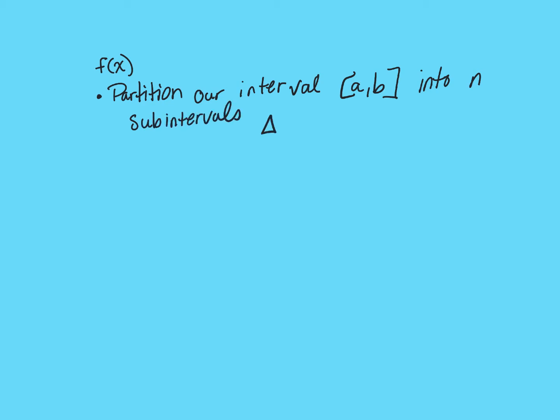That's going to be a delta x. So delta x is going to be the length of the interval, b minus a, divided by n, where a is our x sub 0, and b is our x sub n, so the beginning and the end.